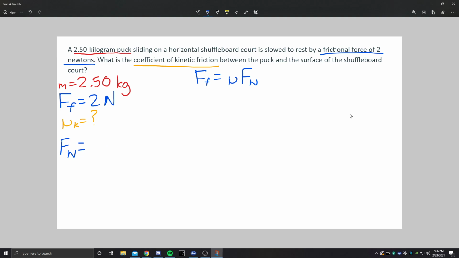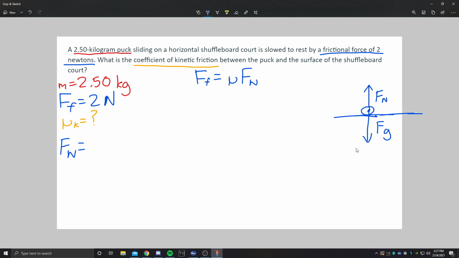Well, if you think about it, it's also something we talked about. This puck is on the ground, right? And it's not moving up or down. It's definitely moving horizontally, but it's not moving up or down. So we have a gravitational force pulling down, and we have a normal force pushing upward.